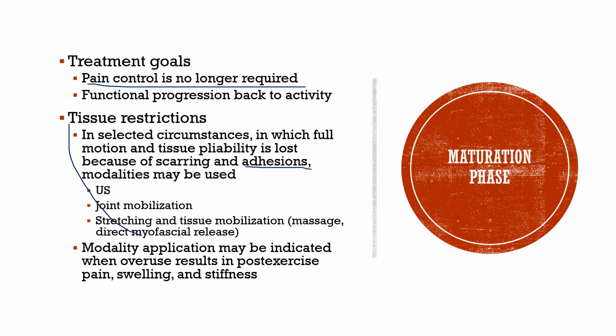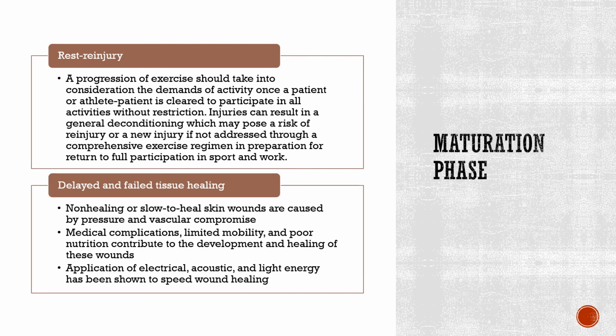And modalities here, I'm going back to therapeutic modalities, your more electrical sort of stuff, as opposed to rehabilitation. And then you might need to do, especially with overuse exercises or overuse injuries, some pain, swelling, stiffness management. And so there still is a role for that.